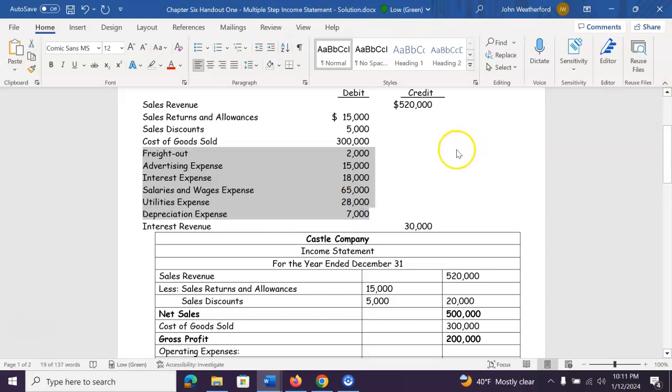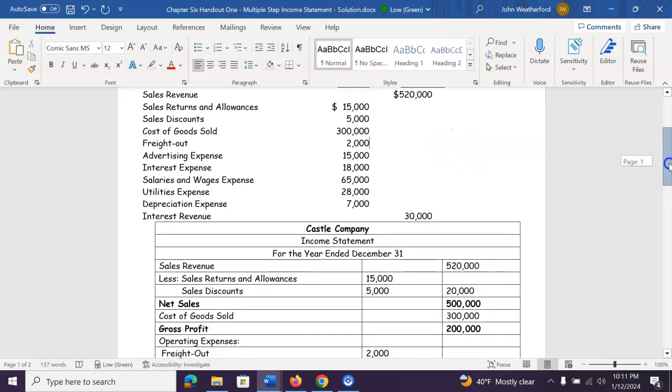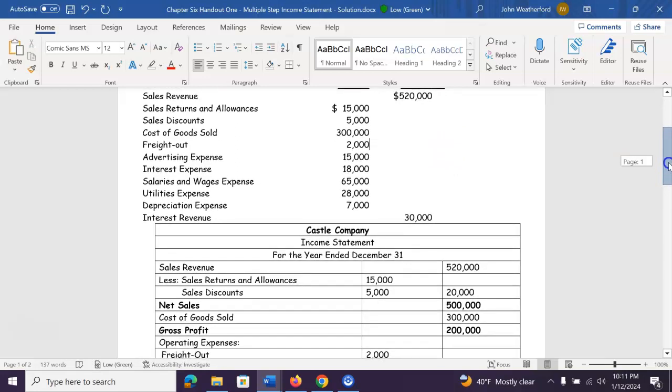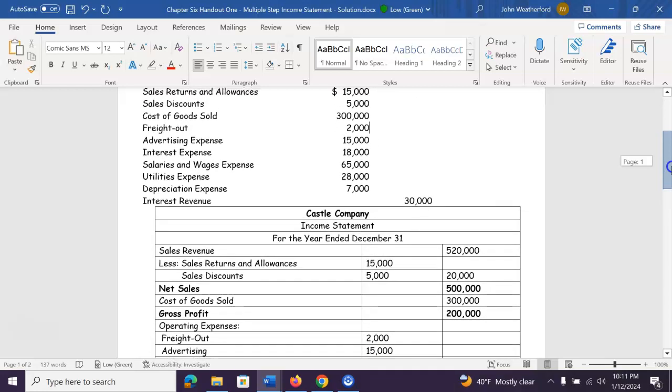Okay, so we first list freight out at $2,000. Advertising expense at $15,000. Now you don't have to put expense here because what we've shown above is that this category only includes expenses.